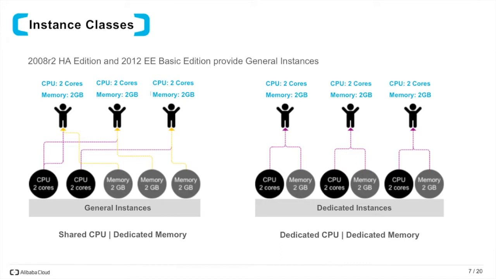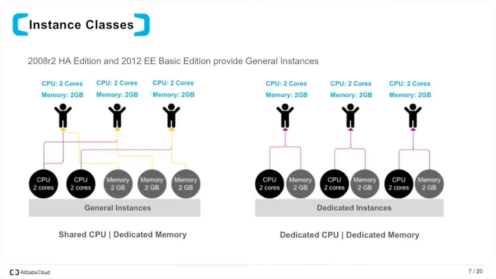For example, on this slide, 3 customers purchased 6 core CPU and 6 gigabytes RAM: 2 core CPU, 2 gigabytes RAM each. They may gain 4 core CPU and 6 gigabytes computing capacity if they all purchase general instance. Therefore, there may be competition for CPU resources.